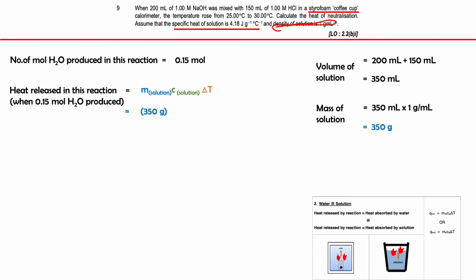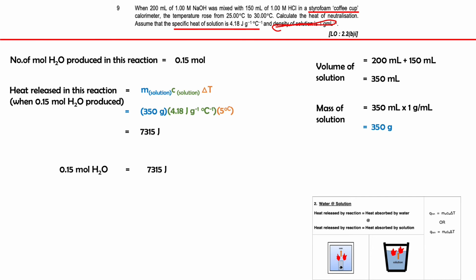Now, for the specific heat of the solution, we do have it, which is this. And the delta T, or the change of temperature, is 5 degrees Celsius. And therefore, we know that the heat release when 0.15 mole of H2O is produced is 7,315 joule. There you go.